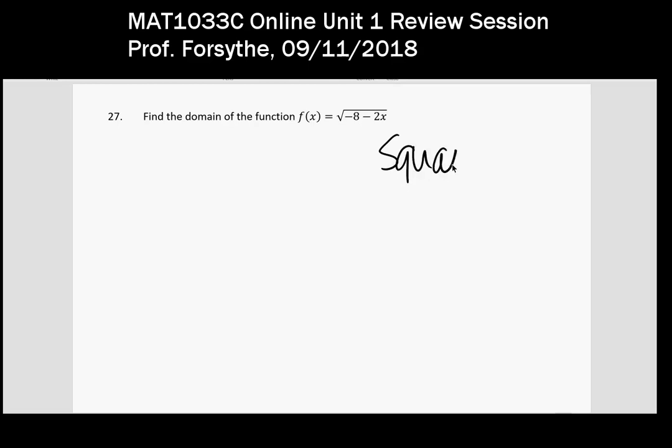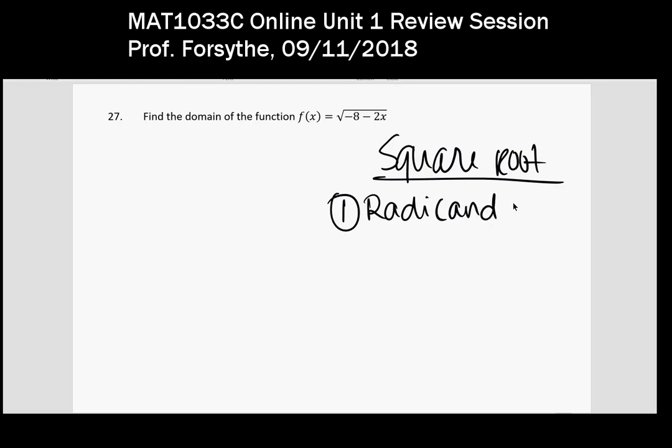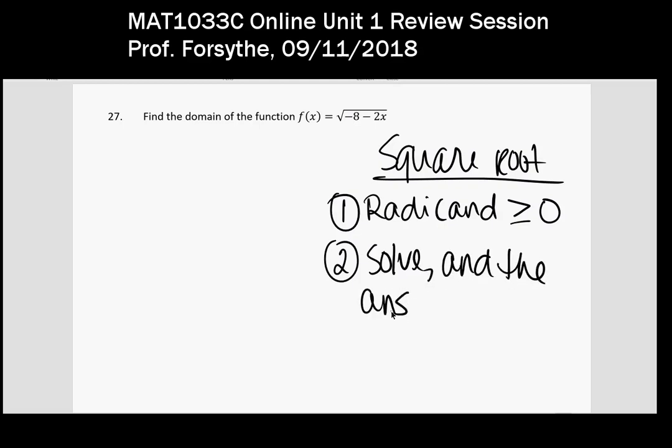Okay, so if you have a square root, you're going to take the radicand, set it greater than or equal to 0, and then you're going to solve it, and the answer is the domain.